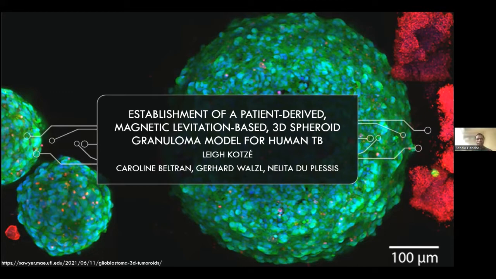So I think having an in vitro system to do exactly that, and especially directly from patients, could be quite helpful in many ways. And I think that's what she's going to tell us about.